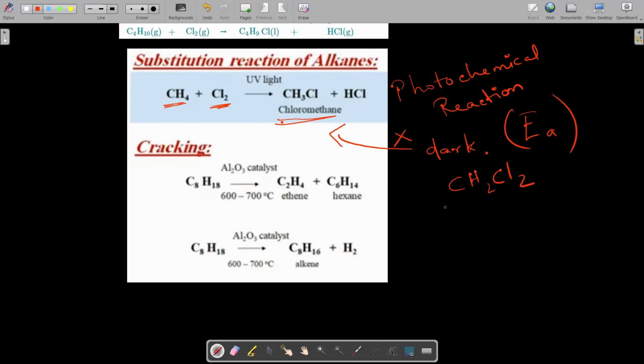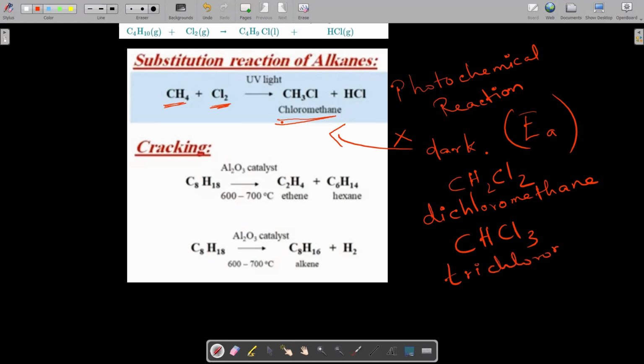Remember, di means two. So let me write that down. Dichloromethane, or trichloromethane, CHCl3. So this is trichloromethane. And so on. It goes on this way.